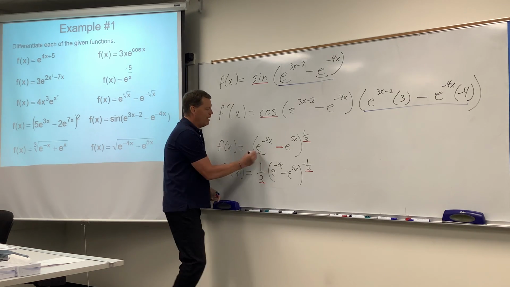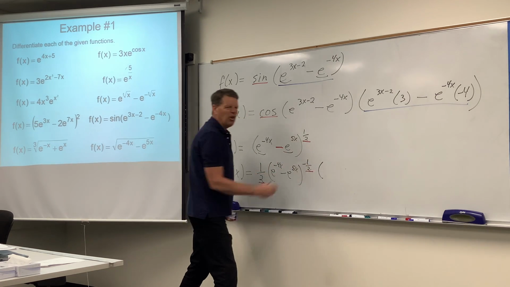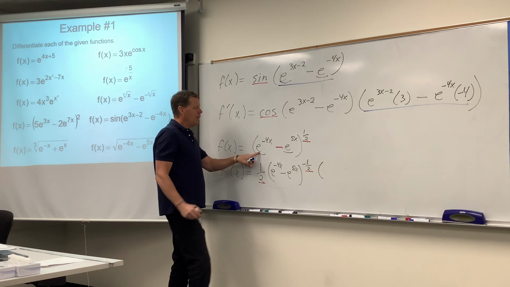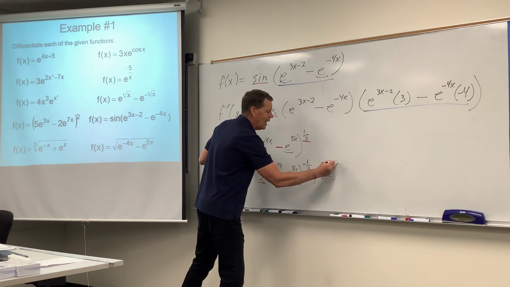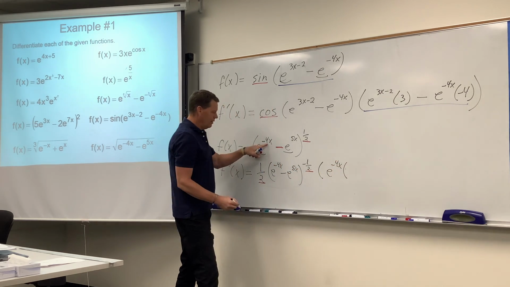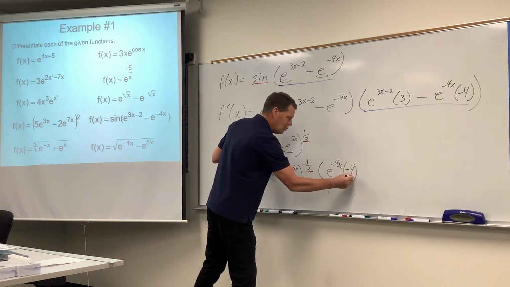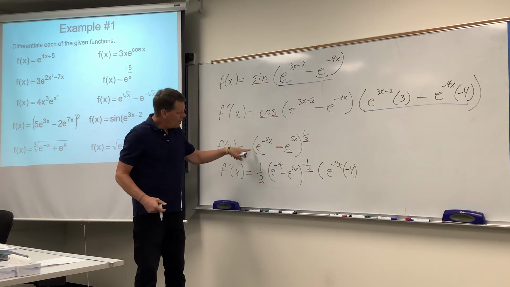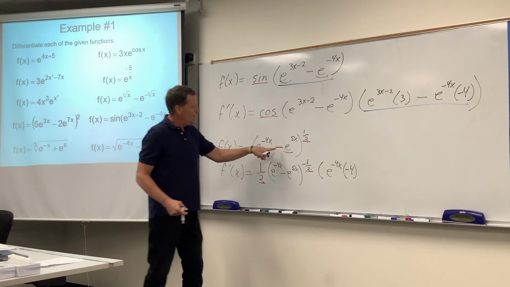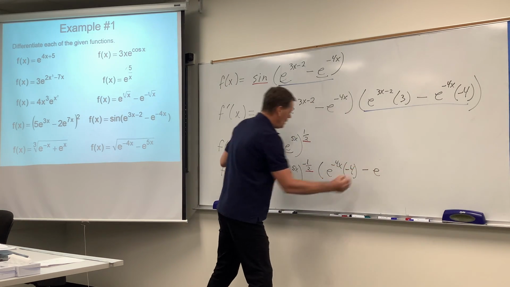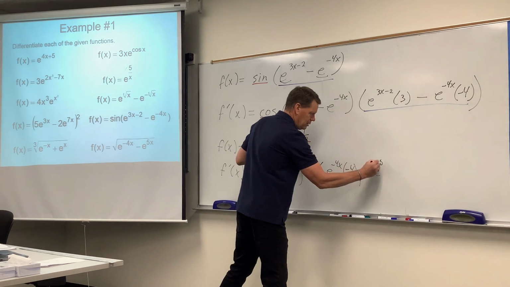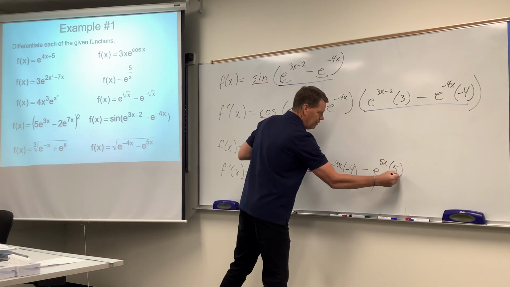And then the inside we have terms. Linearity, we do each term. E to a power times derivative of power. I'll remind you again, that would be chain rule going on that particular term. Minus e to the power times derivative of the power.